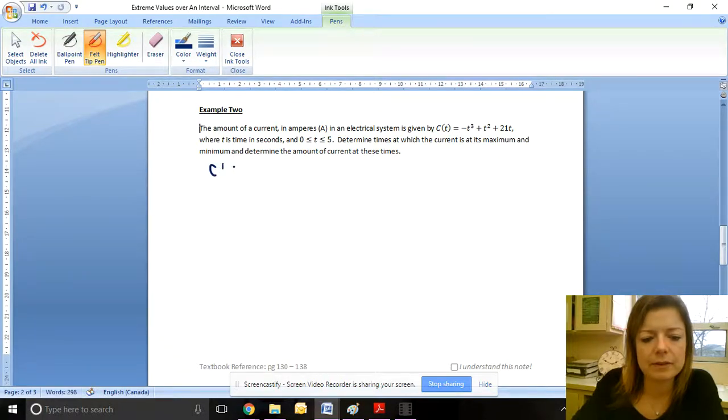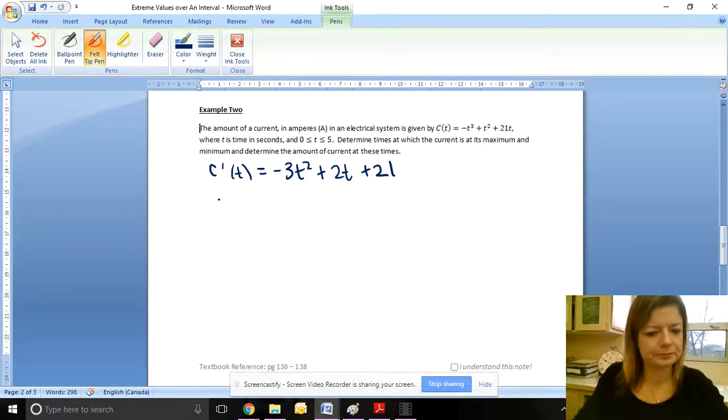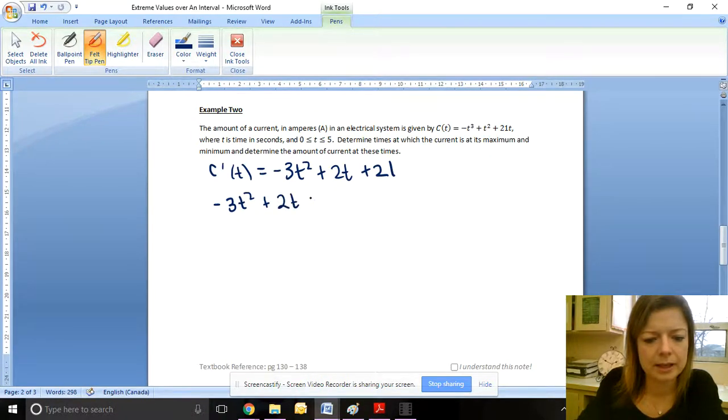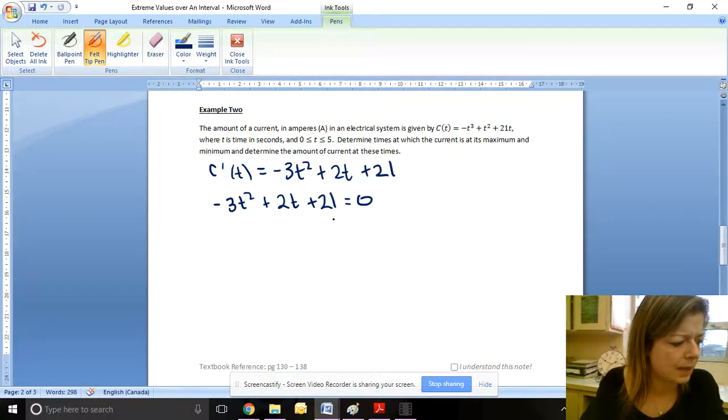So we find the derivative first. That's -3t squared plus 2t plus 21, and we want to set it equal to 0 and solve for t. So -3t squared plus 2t plus 21 equals 0.